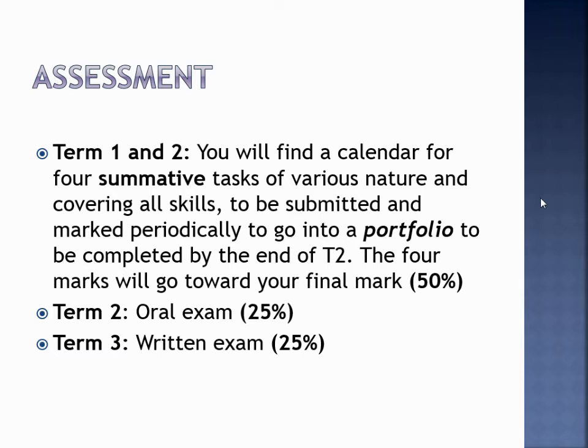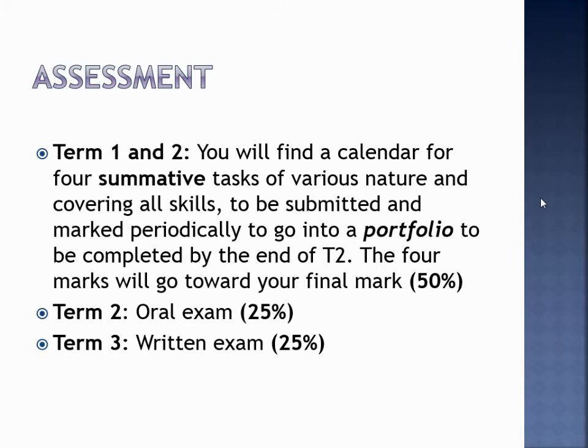So just to sum it up again, term 1 will expect you to complete half of your portfolio. In term 2, we'll expect you to complete the other half of your portfolio. This will be worth 50% of your final mark. In term 2, you will sit an oral exam that will be worth 25% of your final mark.